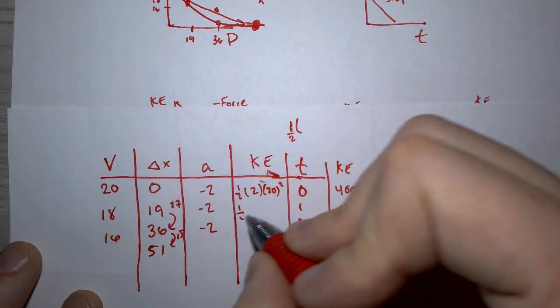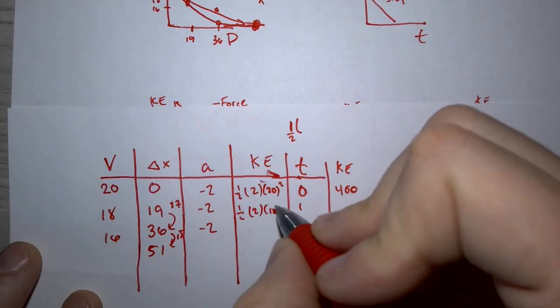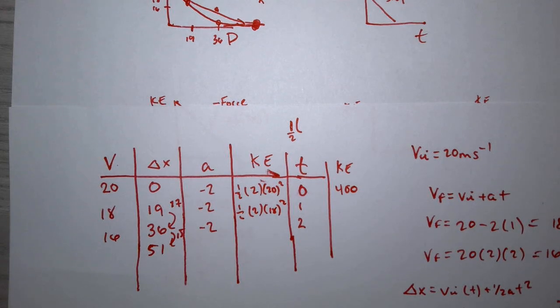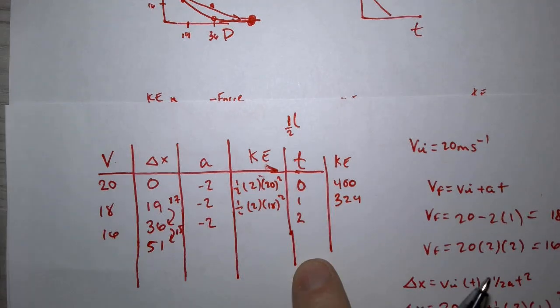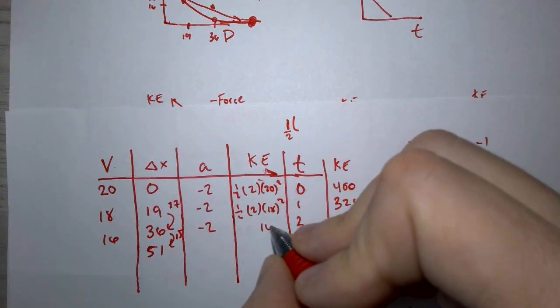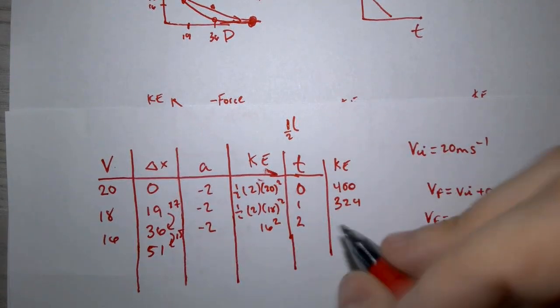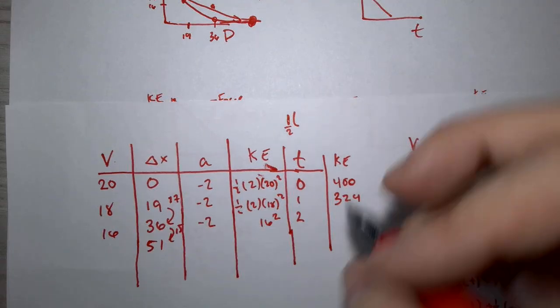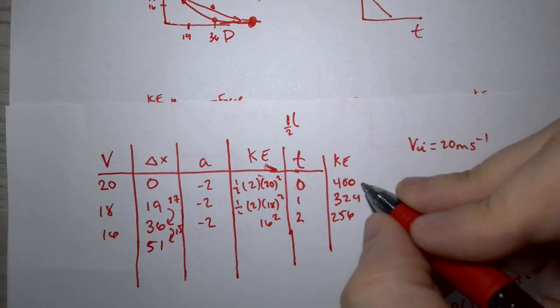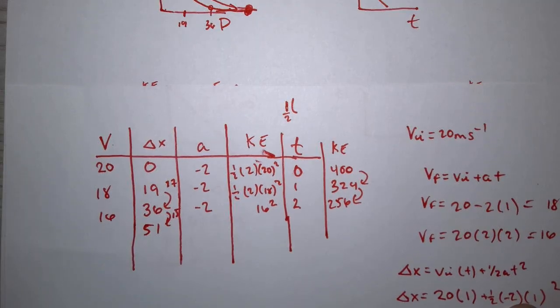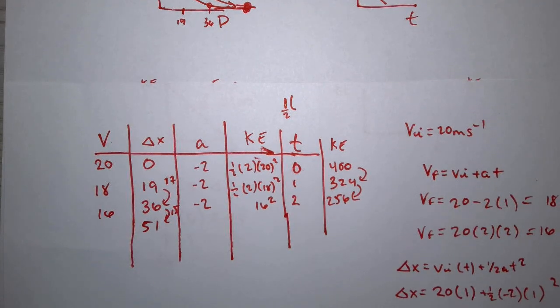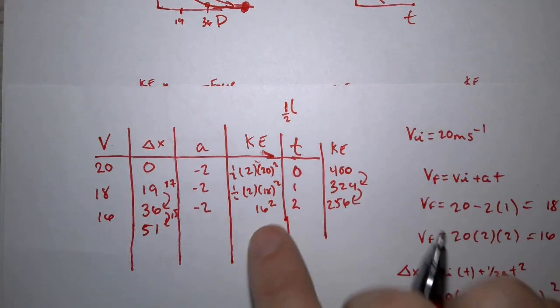Then we would do 1/2 times 2 times 18 squared, which is 324. Then we would do 1/2 times 2 times 16 squared, so it'd be 16 squared because 1/2 of 2 is 1. 16 squared is 256. What are these dropping by, and is it quadratic? And the answer to that is yes, it is quadratic. It's going to keep going down by an x squared value.